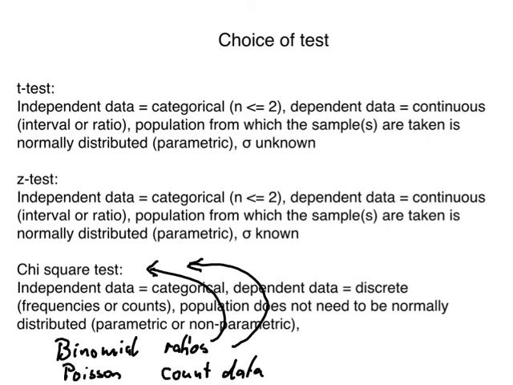Both binomial and the Poisson test then use the chi-square distribution to compare the test statistic that we calculate with a distribution. So we really distinguish between these three tests: t-test, z-test, and chi-square test, and they really are chosen on the basis of the data that we observe.